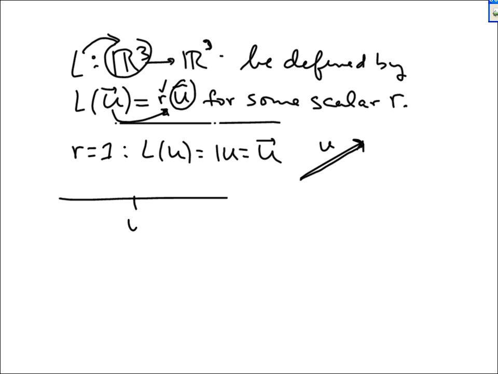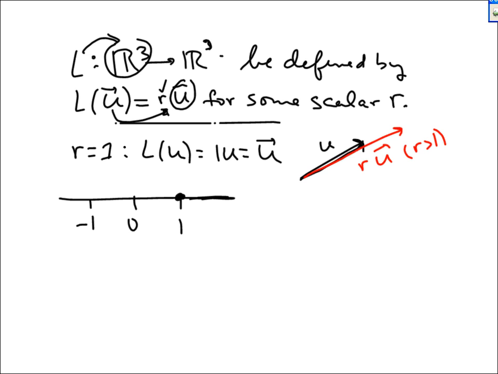Here's a number line. So we talked about what happens if R is bigger than 1, then the length is now longer. That's R times U, if R is bigger than 1.